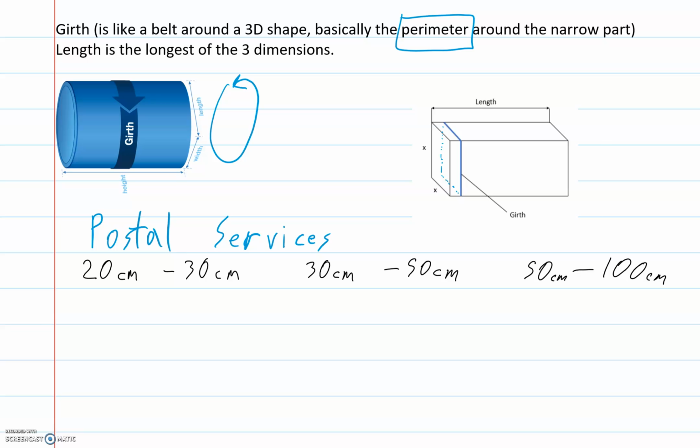Okay, so they have different sort of ranges of money. So this one's $2, this one's, let's say, $5, and this one's $20. So it's really important that you understand what the girth is, and so you will measure your parcel and make sure that you fit in the smallest possible category that you can, and use the smallest box or packaging or whatever that you can to fit within the category.